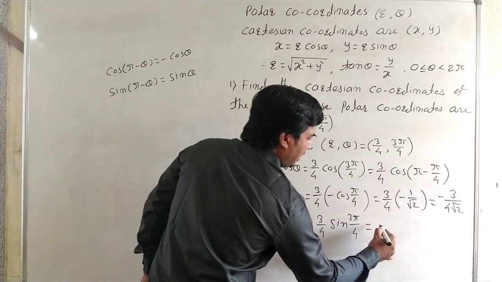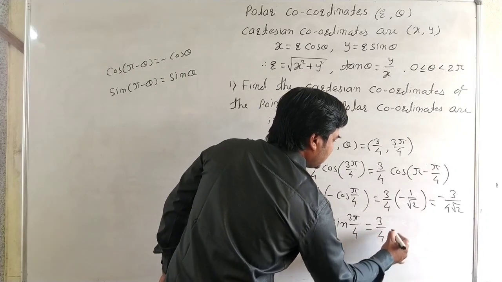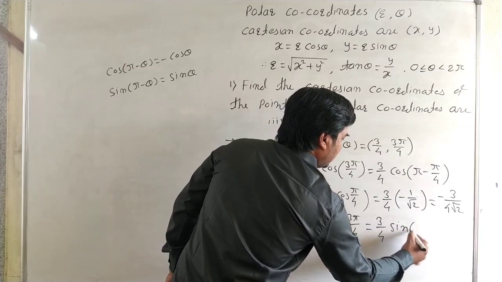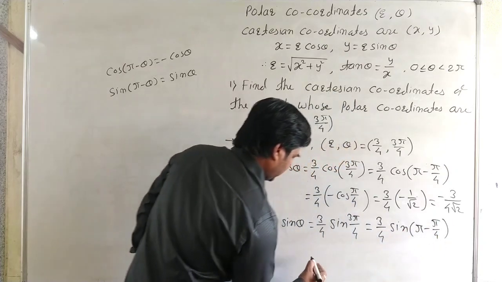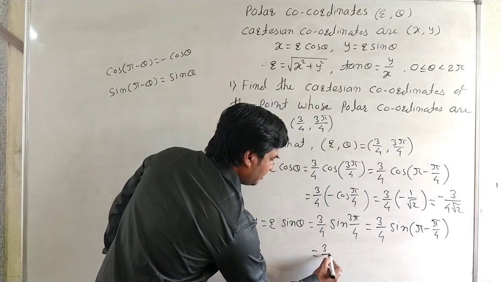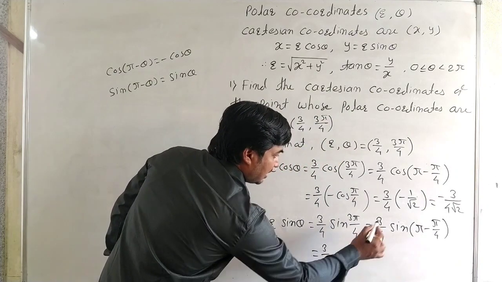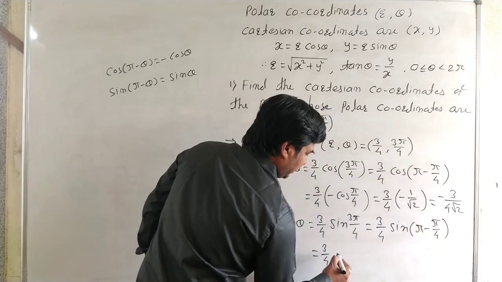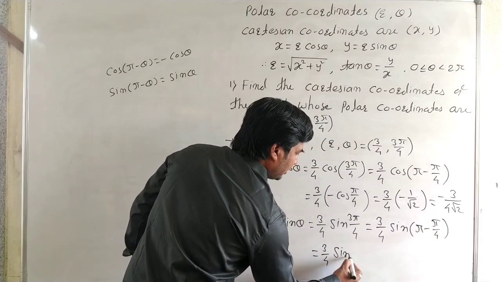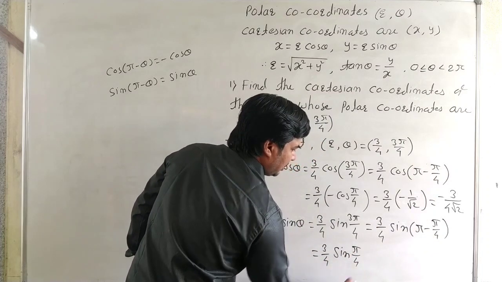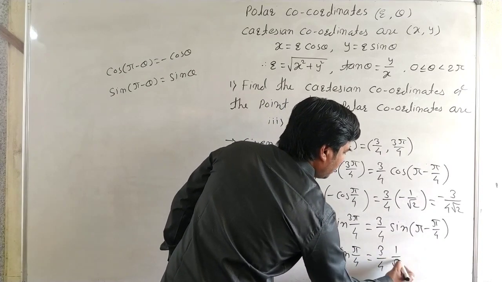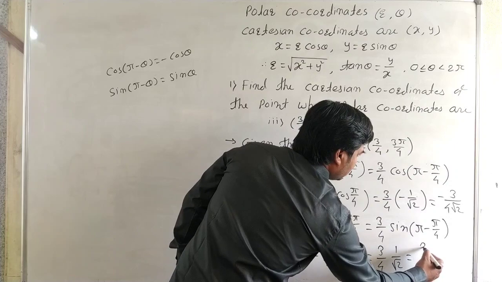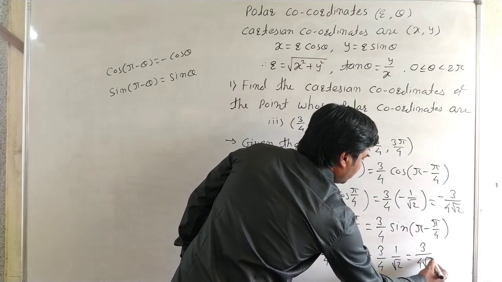Now again here we use the allied angle. 3 pi by 4 is sin pi minus pi by 4, and sin pi minus theta is sin theta, that means sin pi by 4. Okay, and then it is 3 by 4 into 1 by root 2, sin pi by 4, and it is 3 upon 4 root 2.